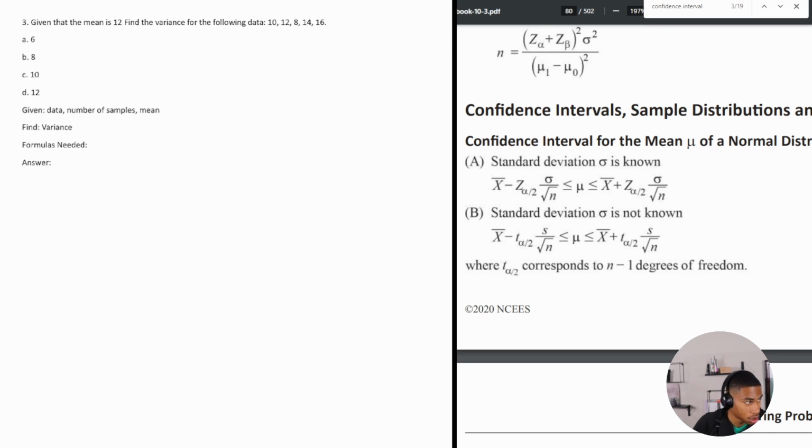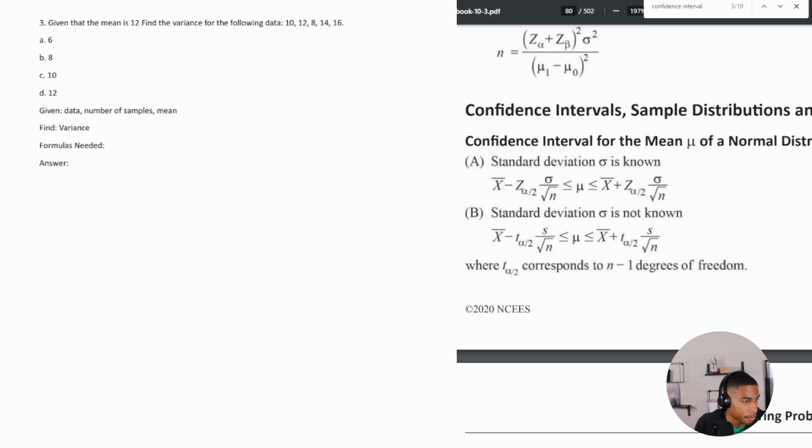All right. Given the mean is 12, find the variance for the following data: 10, 12, 8, 14, and 16. I left the information that we needed, but basically you're given the data, you're given the number of samples.